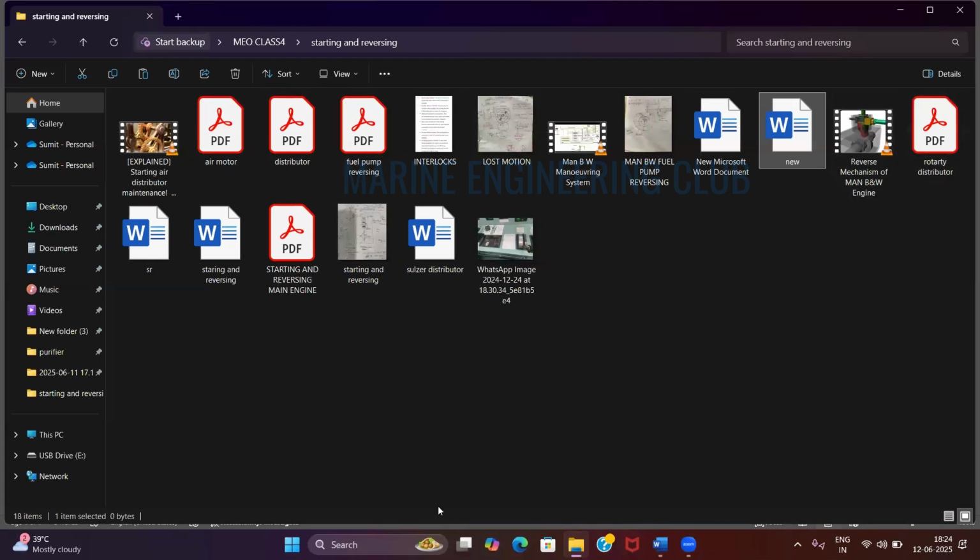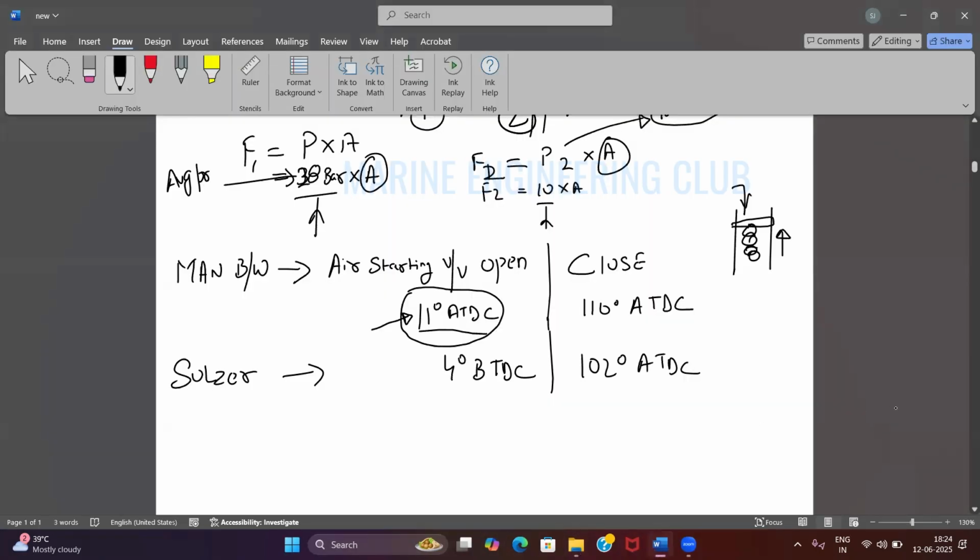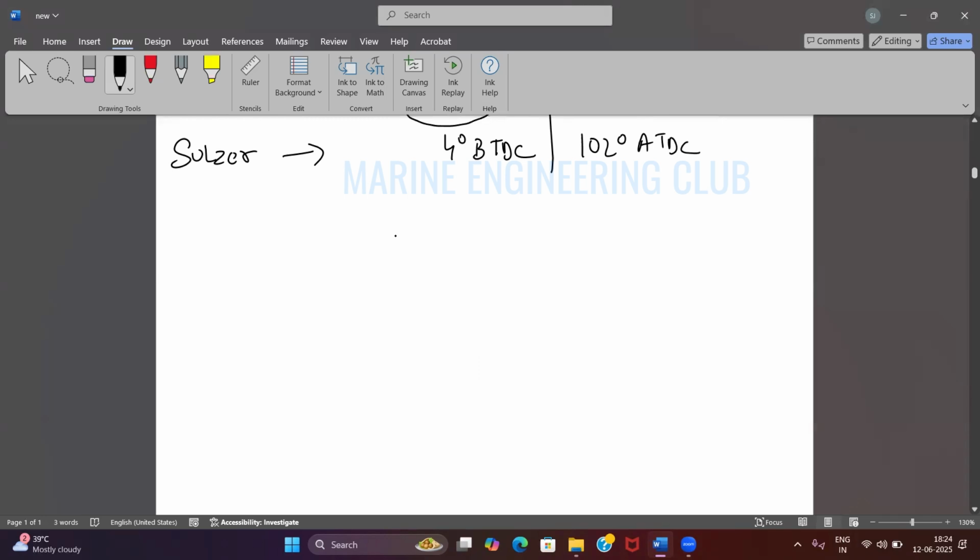Sir, once again, the 70 to 80 bar that you mentioned above, how is it the mean pressure? Please tell me once again. Yes. Let me draw one simple diagram of your air starting valve, then you will understand this. The air starting valve of MAN B&W will look like this. This diagram you can draw even in your riddles.